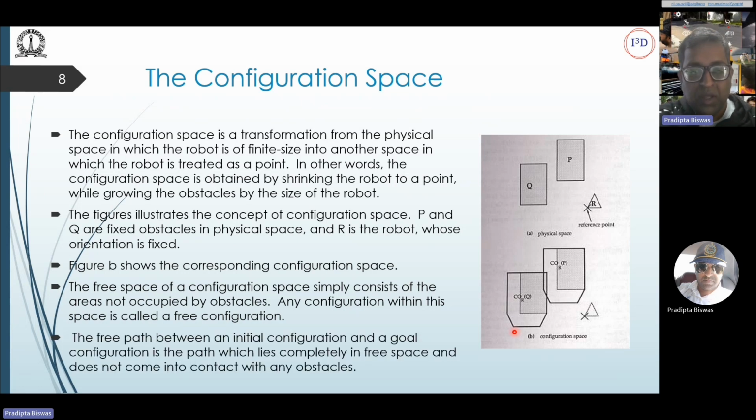The free path between an initial configuration and a goal configuration is the path which lies completely in free space and does not come into contact with any obstacles. This will be the end goal of the motion planning algorithms in the configuration space. And you will see later in the lecture that we can use the similar set of algorithms that we learned earlier, like A star or value and policy iteration, for the configuration space.